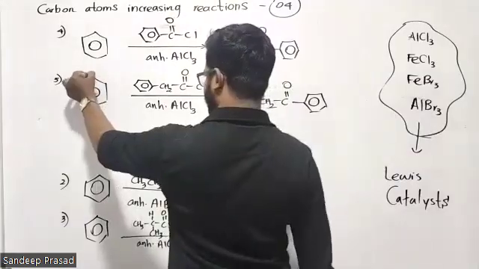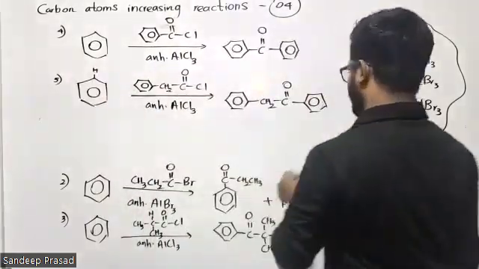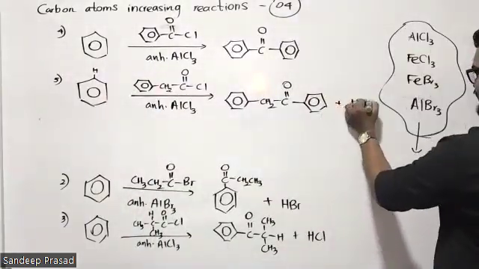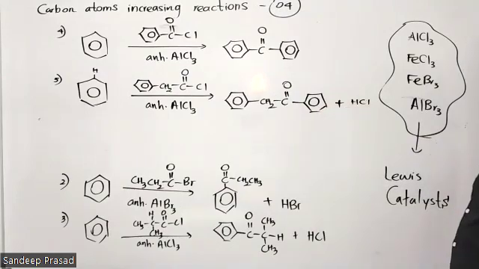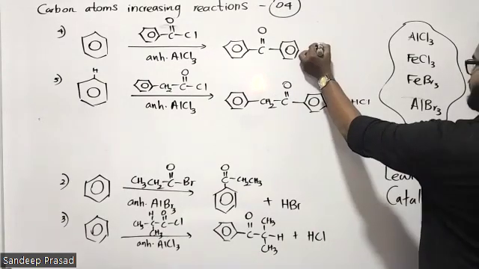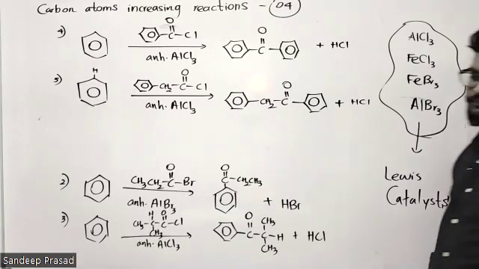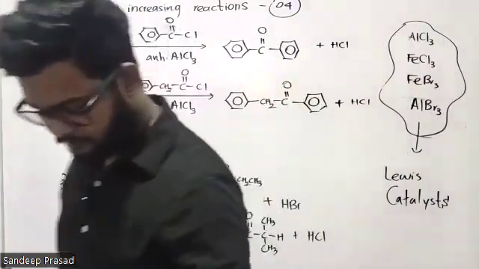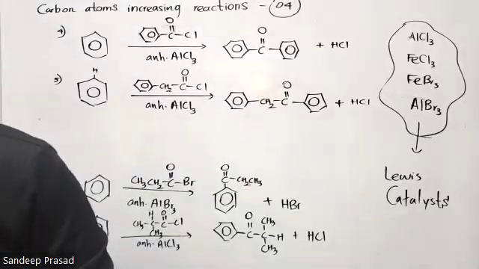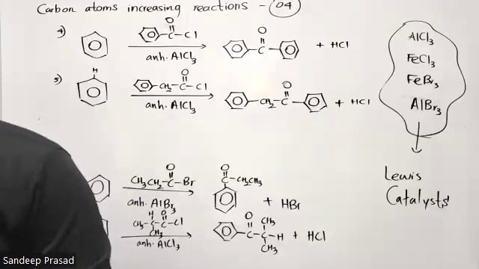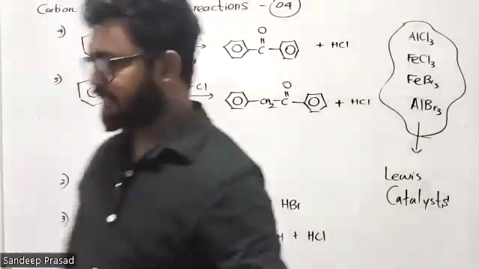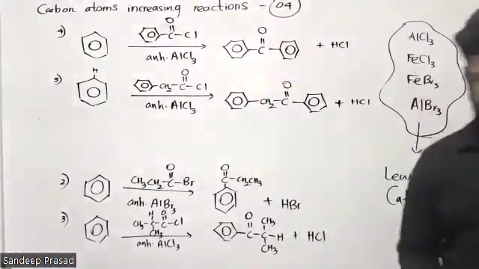So the hydrogen atom here is eliminating with chlorine. HCl is a byproduct, right? So here also HCl is a byproduct. Let's learn the reaction mechanism later. We are going to learn the reaction mechanism later.